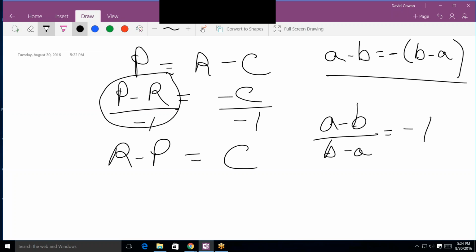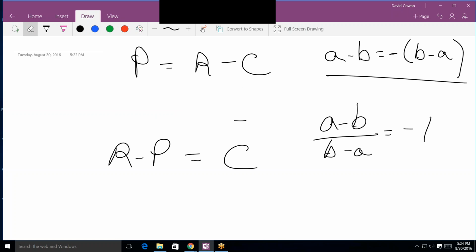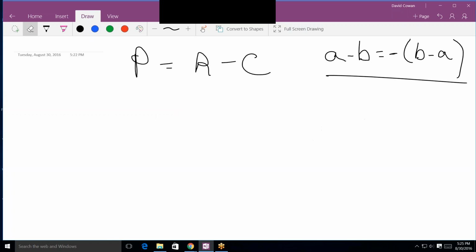Or, see what I have circled over here? If I take a P minus R and divide it by -1, it instantly turns it into an R minus P. So that's one way. Remember, there's always tons of ways to do these problems. The way that I'm favoring is to get the C by itself with a positive sign in front of it instantly.